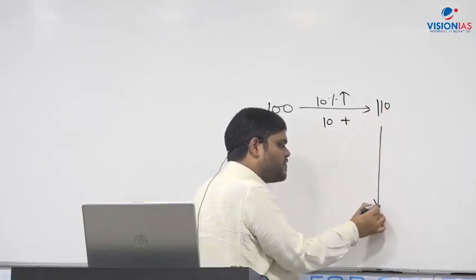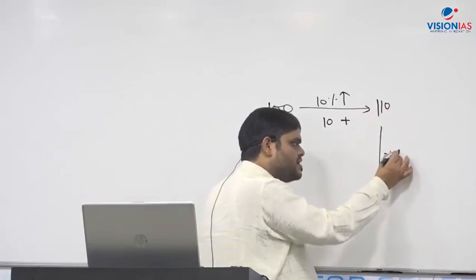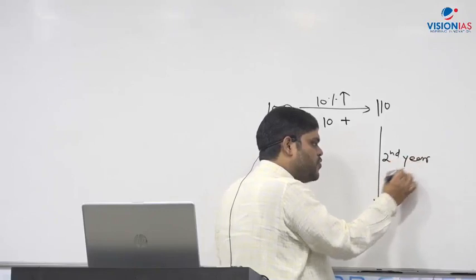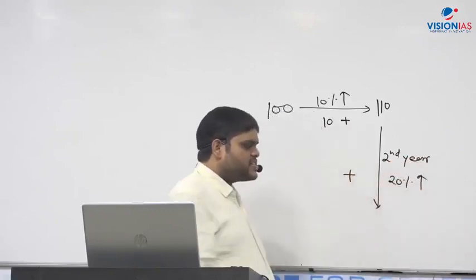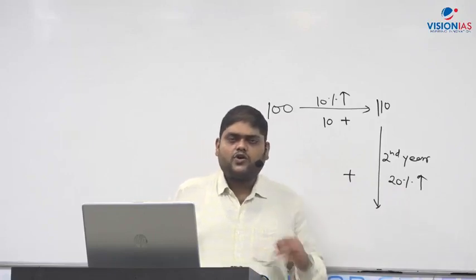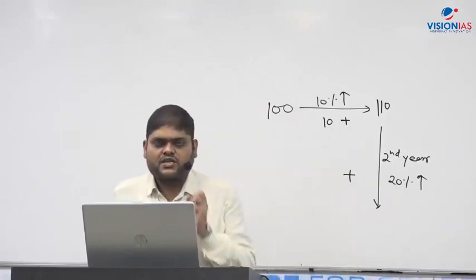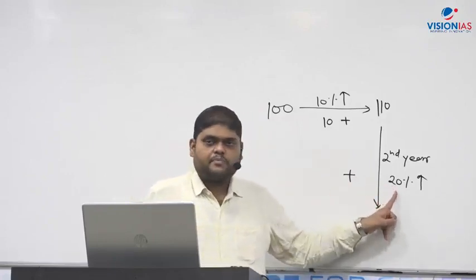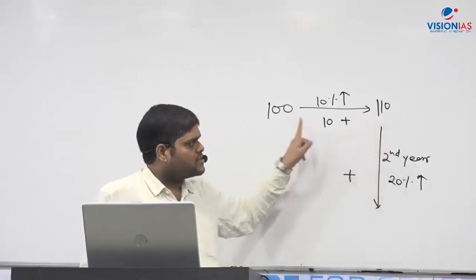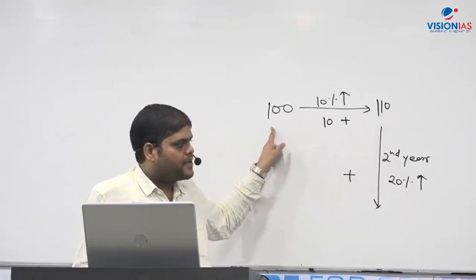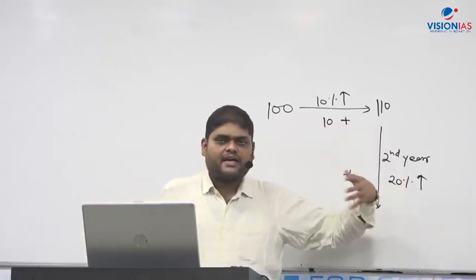Second year, suppose 20% increment. Increment means addition. How much addition? 20%. We have to understand here that this 20% increment occurs on this base value, not the earlier base value, because it is a every-year increment, a compounding effect.